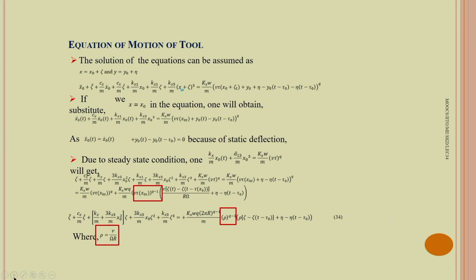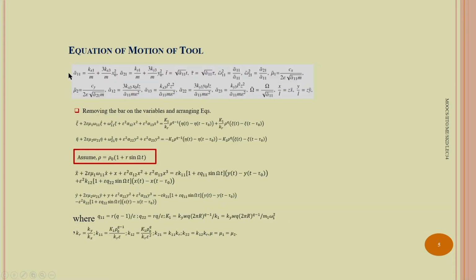So, one can use these parameters, for example, alpha 1 1 equal to k x 1 by m plus 3 k x 3 by m x 0 square. It will represent the square of the natural frequency of the system. Similarly, alpha 2 1 can be taken as k y 1 by m plus 3 k y 3 by m into y 0 square.